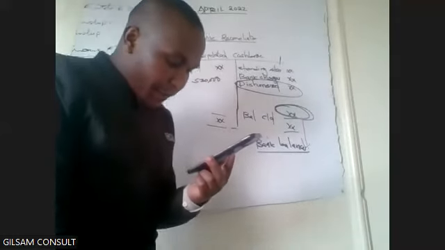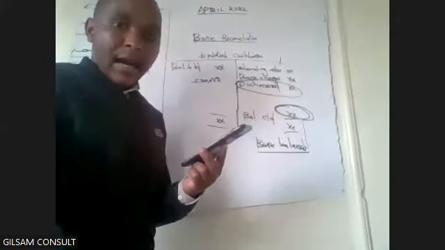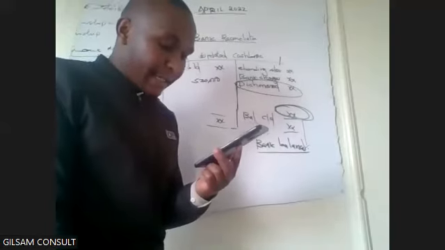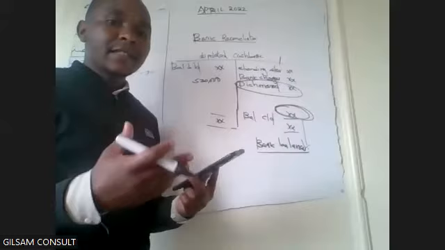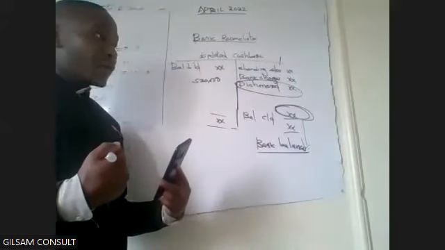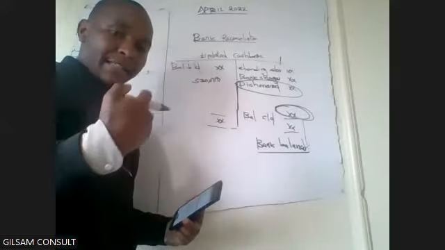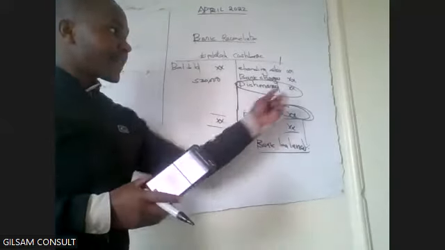Another statement, number 2: a receipt from a debtor of 65,000 was entered as a payment in the cash book. Remember, a receipt is income, so we debit the cash book because we are receiving the cash. But now this accountant has credited it.